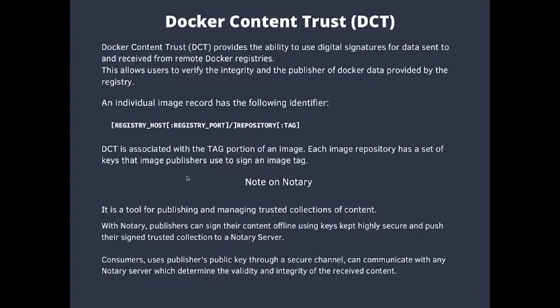So we generate a set of keys that the image publisher uses to sign an image tag. There's one note on Notary server, because Notary server is a tool which comes built in with Docker Hub.